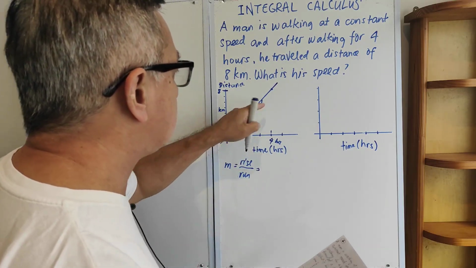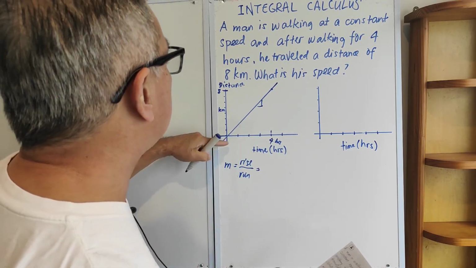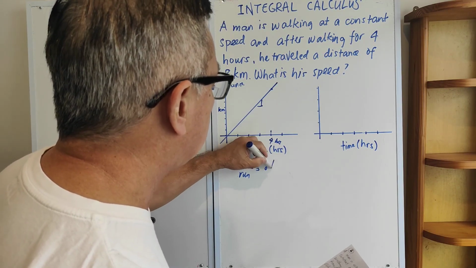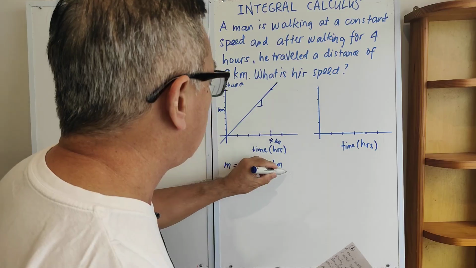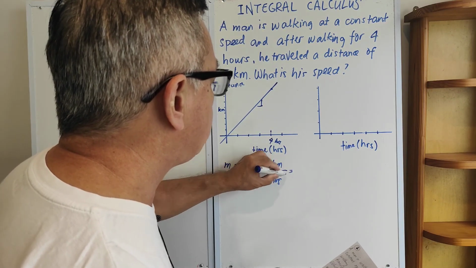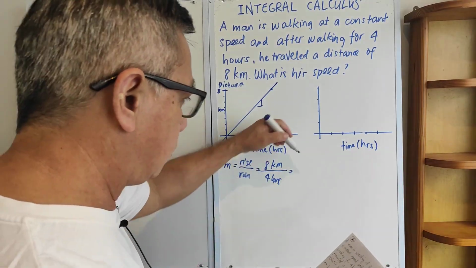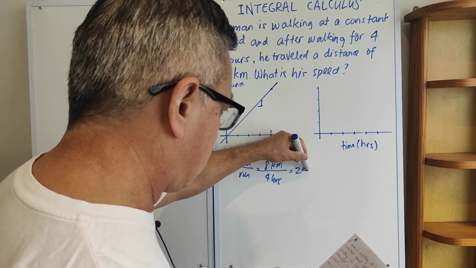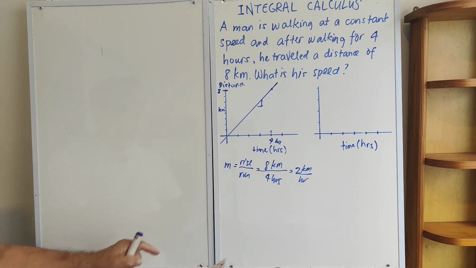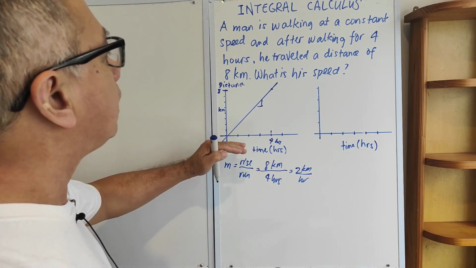So for this case, the rise will be from here to here, that's 8 kilometers. And then the run is 4 hours. So the speed or the slope is equal to 2 kilometers per hour. Now we can make the equation.